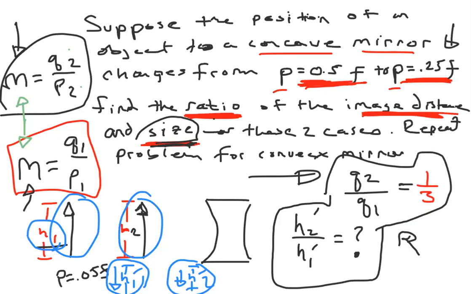So now we need H2 prime over H1 prime. That's our next goal. How do we do that?